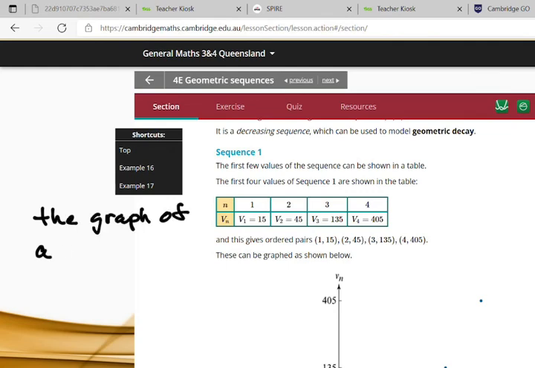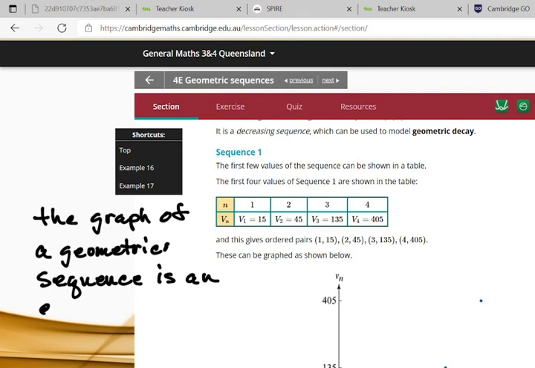So the graph of a geometric sequence is an exponential curve. And remember, the exponential curve looks like half of a parabola. The graph of a parabola is the graph of a quadratic.